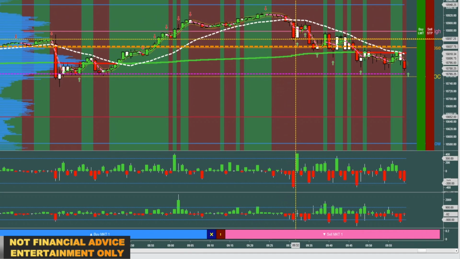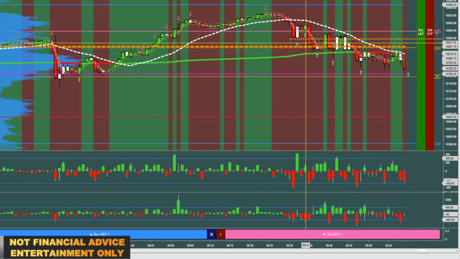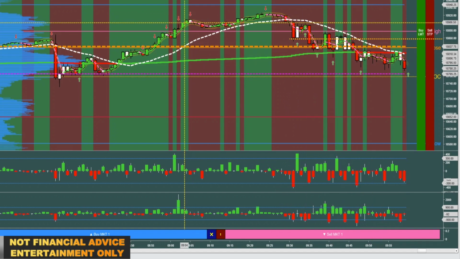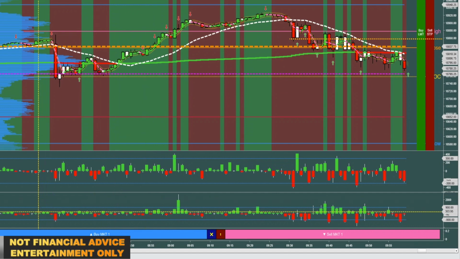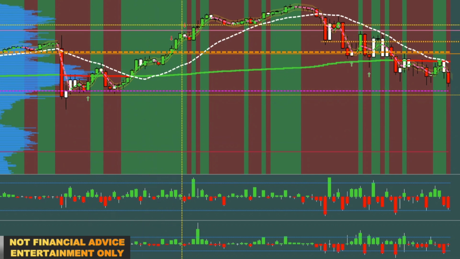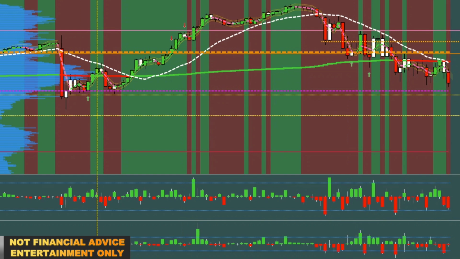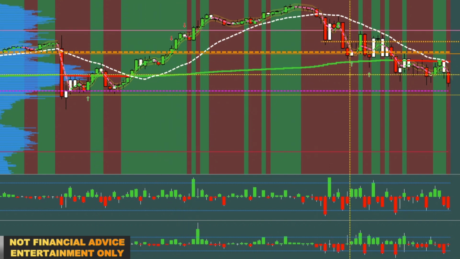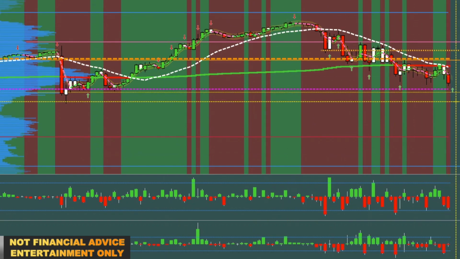So I was talking earlier about having the reversal signals set to a higher speed so there's more of them. Got all these reversal signals. This is how I like to see it. However, if you want to see fewer signals, this is the exact same chart with some different setting speeds on the reversals. See, we're getting 1, 2, 3, 4, 5 total signals on this entire chart versus over 10.